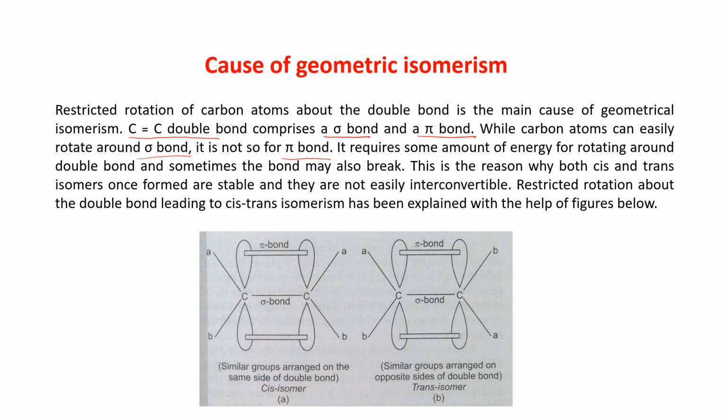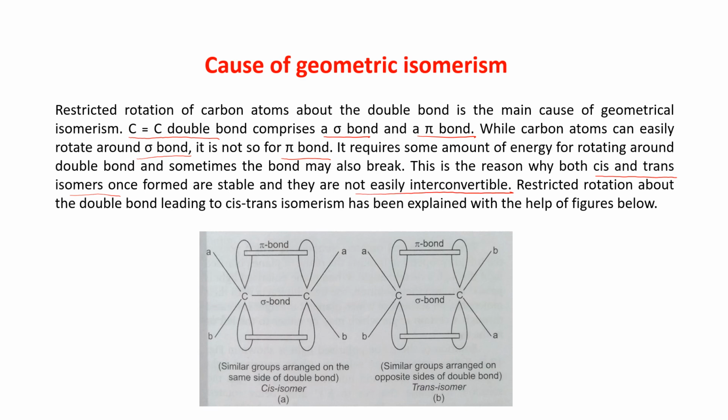It requires some amount of energy for rotating around the double bond, and sometimes the bond may also break. That is the reason cis and trans isomers once formed are stable, and that is why we get 2 forms of geometrical isomerism. And they are not easily interconvertible either.